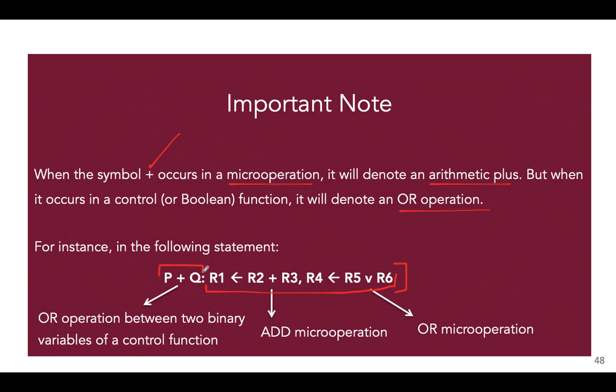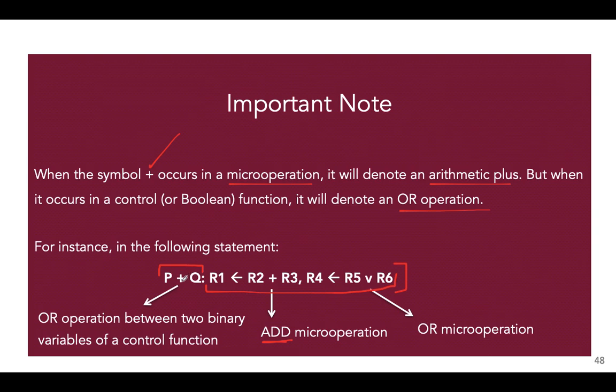When the symbol plus occurs in the microoperation like it does here, it means simple arithmetic add. But when it occurs in the control statement, which is the part before the colon sign, it has a Boolean meaning, which is OR.